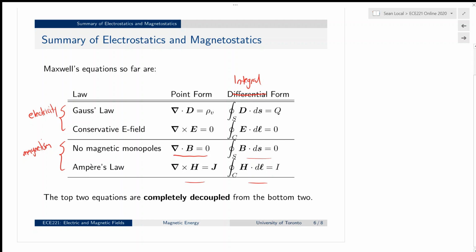So this is important because when we look at static fields, it looks like the electrical behavior, or electric field and D field, have nothing to do with the magnetic field. And for a long time, actually, people thought that electricity and magnetism were two different things. And these equations, in their current form, suggest that electricity and magnetism are completely decoupled from each other.